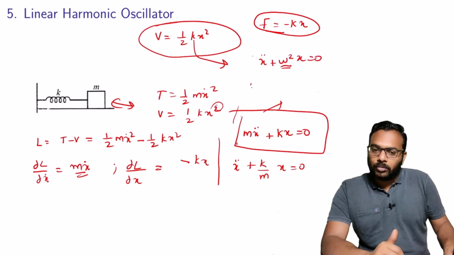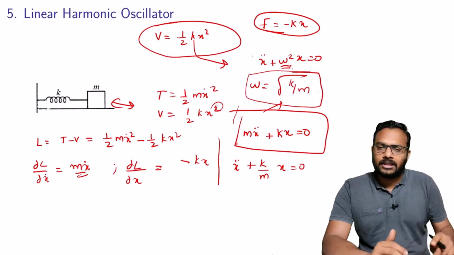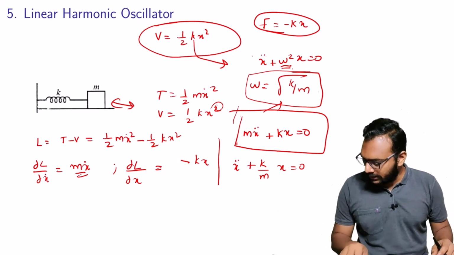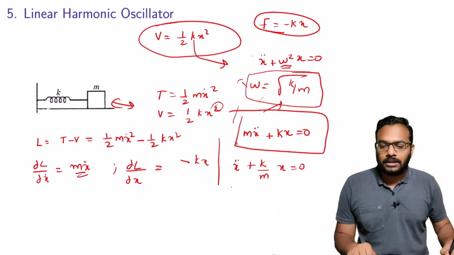So the omega for this spring can be written as square root of k by m. That's an important result that we might be using in some of the problems. This omega is known as the angular frequency.